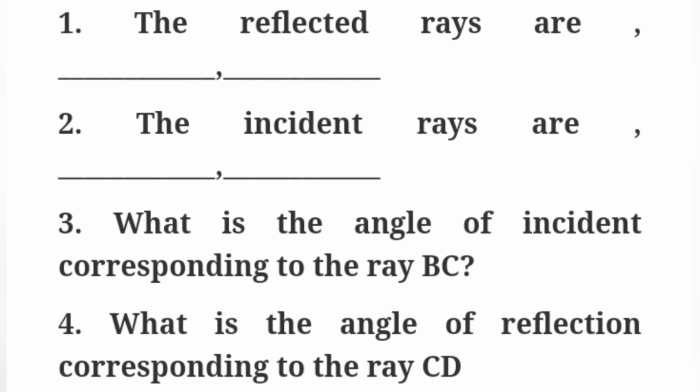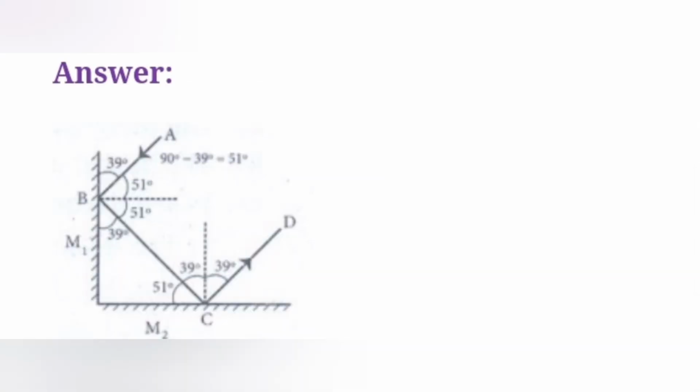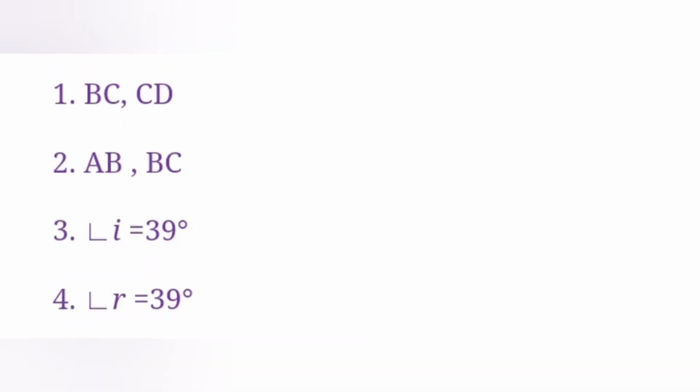Second one, the incident rays are dash and dash. Third one, what is the angle of incidence corresponding to the ray BC? And fourth question, what is the angle of reflection corresponding to the ray CD? Answer: first one, BC, CD. Second one, AB, BC. Third one, i is equal to 39 degrees. Then fourth one, r is equal to 39 degrees.